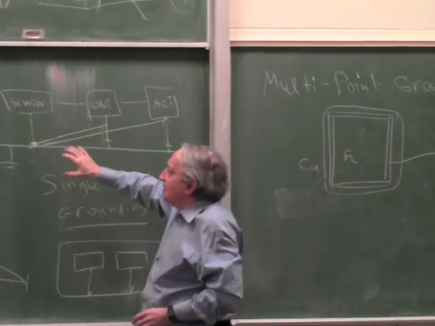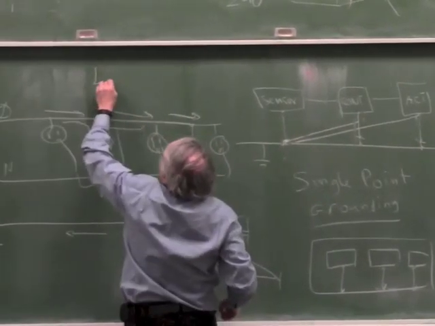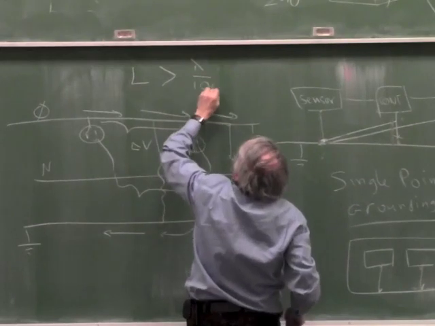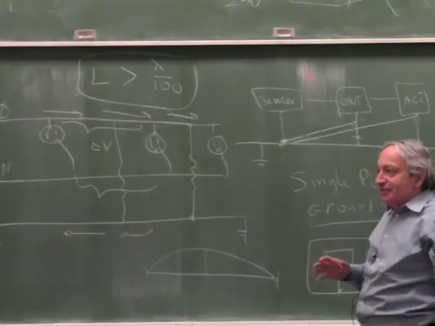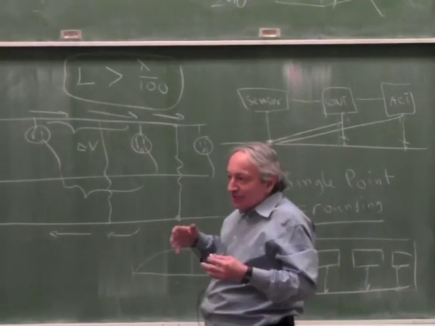Because the general rule is if the dimension is such that L is larger than lambda over 100, then you have to treat it as RF. It's not a mathematical hard proof, it's just a rule of thumb.